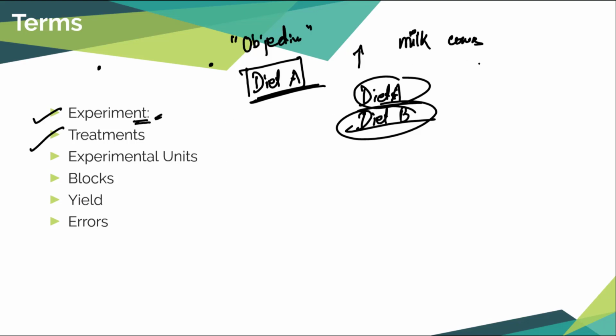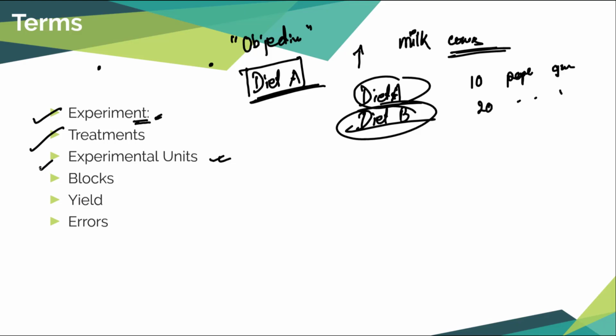Now what are experimental units? In this example, every cow will be an experimental unit, right? Suppose you have given diet A and diet B to, let's say, 10 people going to one gym and 20 people going to another gym, right? In such a case, every person going to the gym will be called an experimental unit.